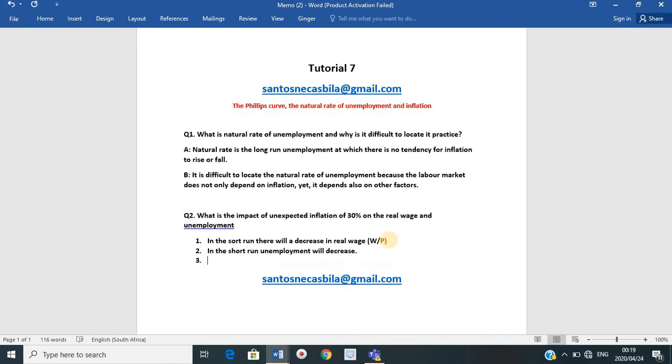Very good. However, when we look at the long run, since we already have these higher levels of inflation, workers are going to demand higher wages in order to adjust for this inflation, right?